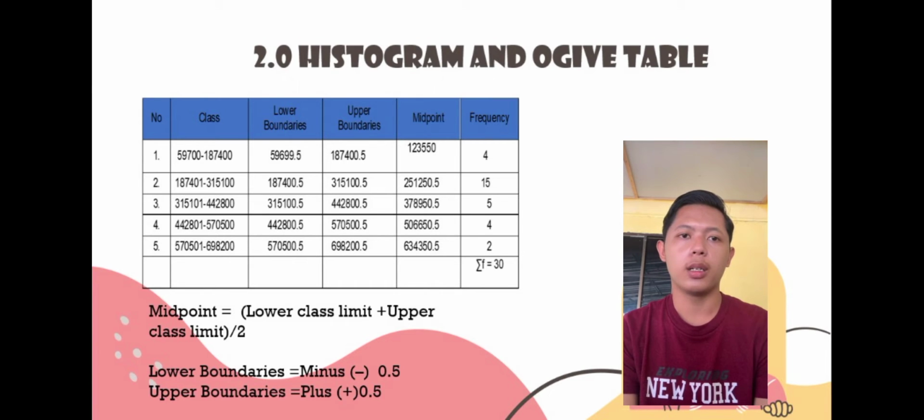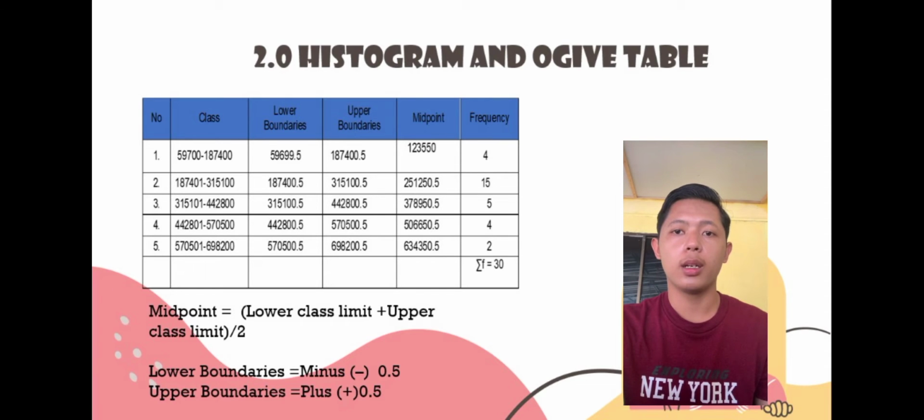So that's how to get a lower boundary. The upper boundary will be plus 0.5. As an example, at number 1, the class ends at 187,400, plus 0.5, will be 187,400.5.